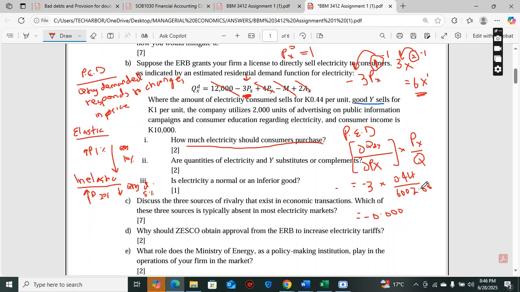When you multiply the answer for this times negative 3, you get 0.000219.